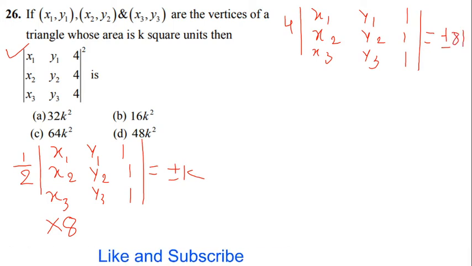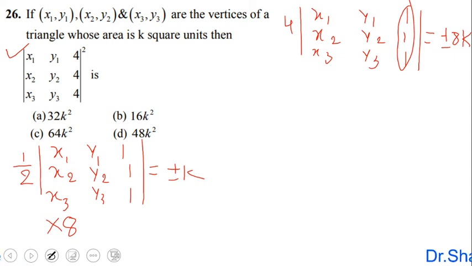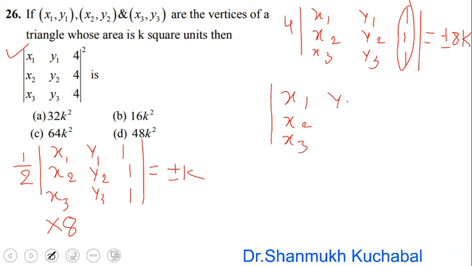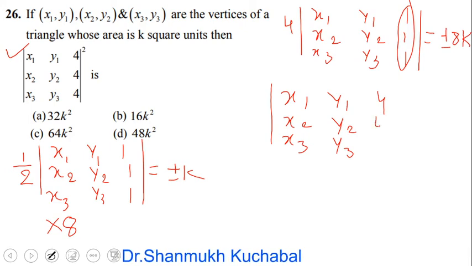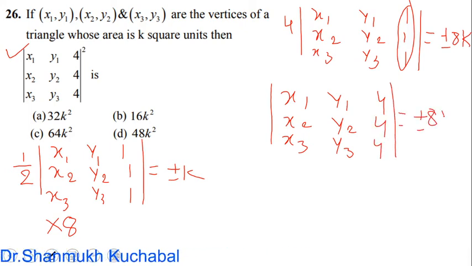Now every element of the last column we will multiply by this 4. So we get x1, x2, x3, y1, y2, y3, 4 4 4 here. This is equal to the RHS, no change, 8k.